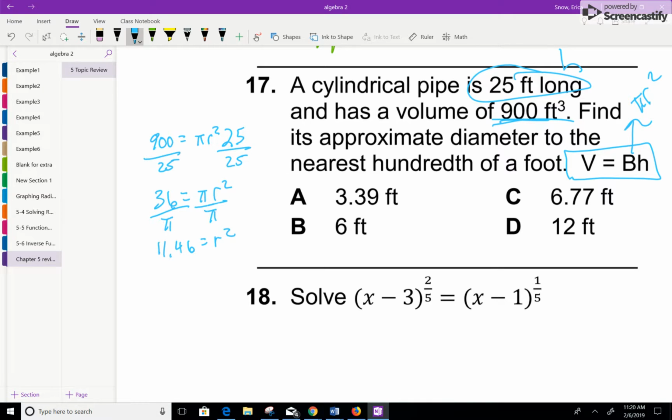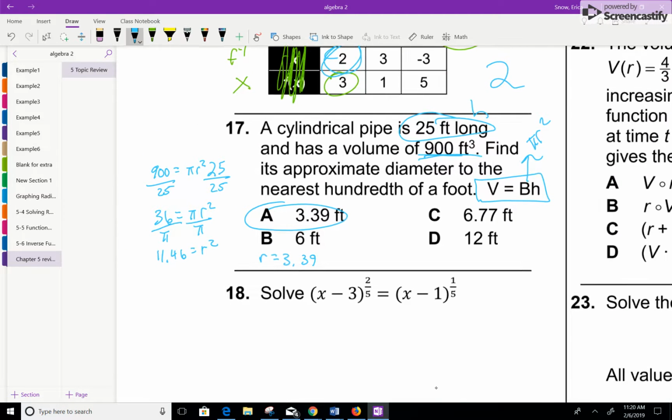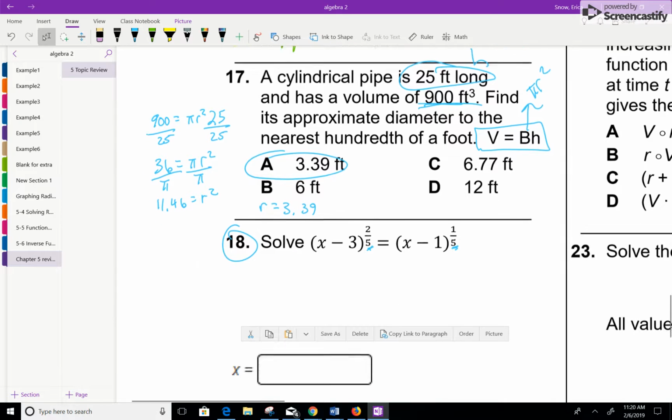And then we take the square root. And we get that r is approximately 3.39 feet.